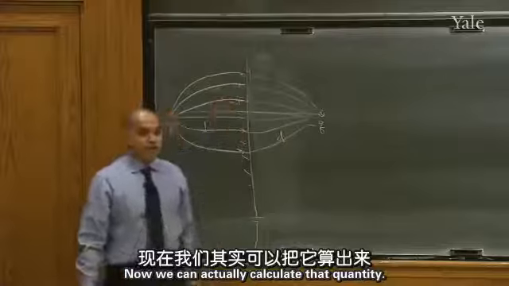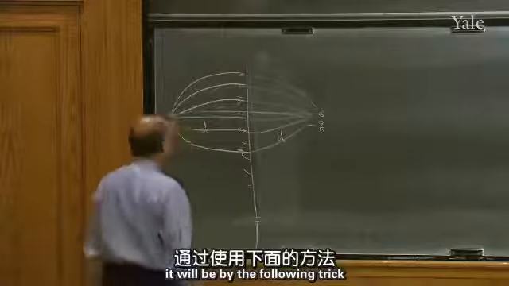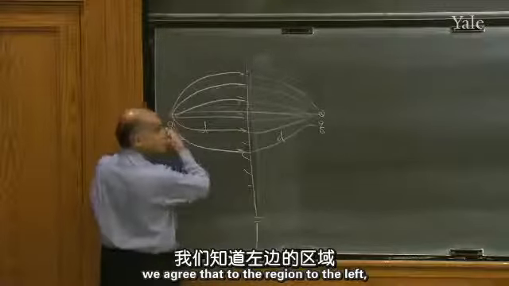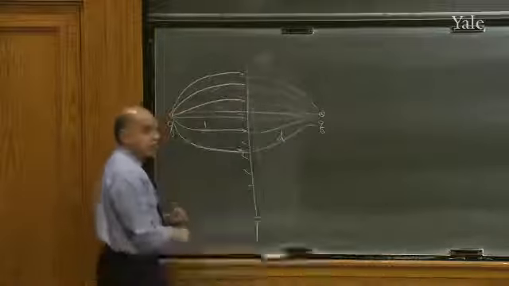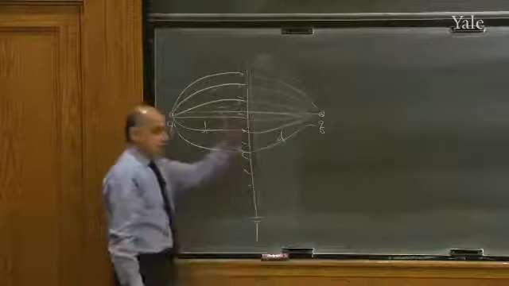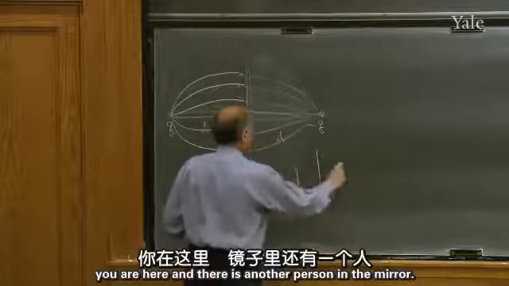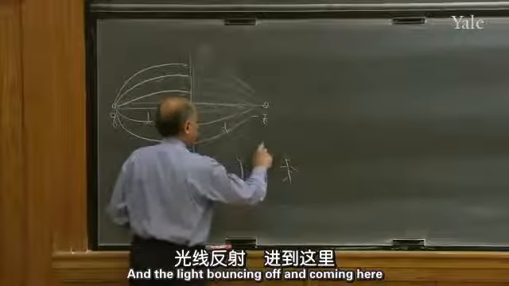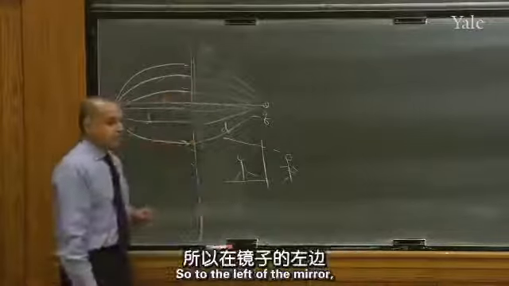Now we can actually calculate that quantity. We can tell you exactly how much it will be by the following trick. We agree that to the region to the left, this charge is able to fake the effect of all these charges. That's why it's called a mirror charge. When you stand in front of a mirror, you are here, and there is the other person in the mirror, and the light bouncing off and coming here looks like it's coming from this image.